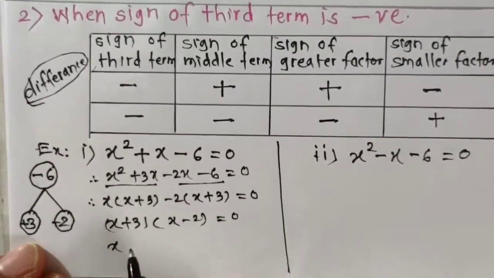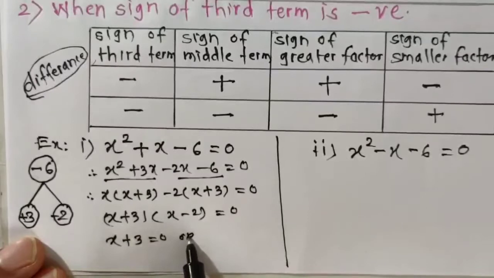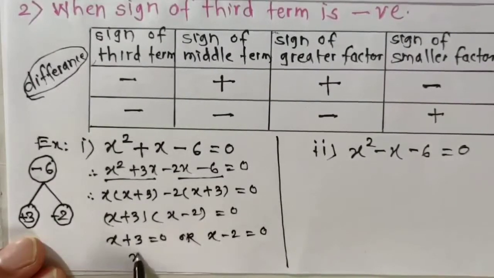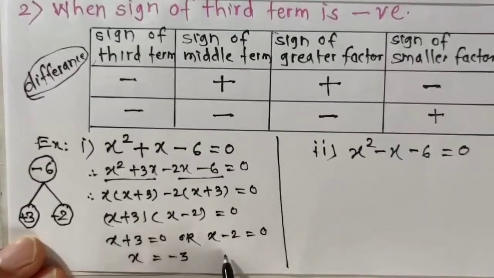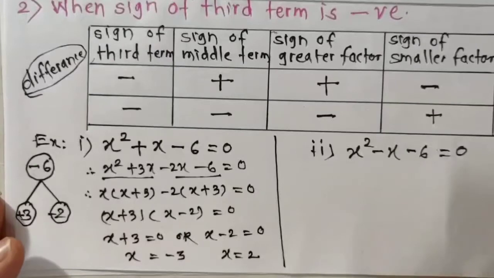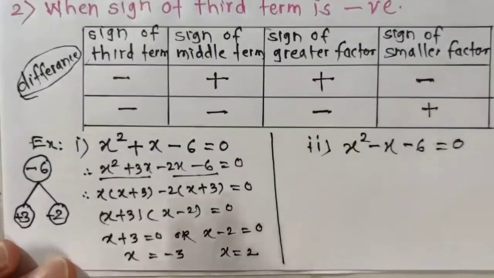Therefore either x plus 3 is equal to 0 or x minus 2 is equal to 0. Therefore we get x is equal to minus 3 or x is equal to 2. That is the solution of that quadratic equation. So here the second example is taken.